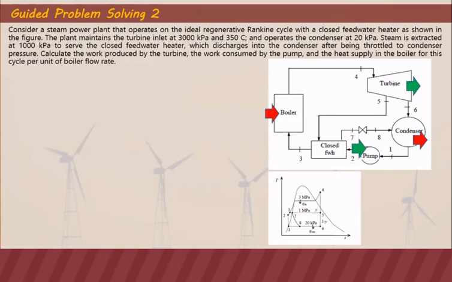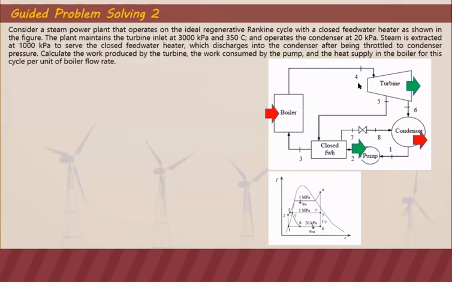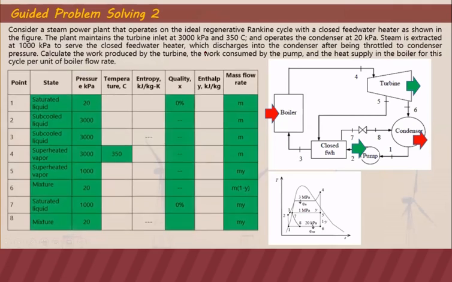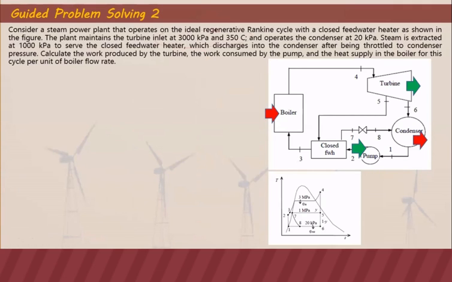As you can see here, this is our diagram for this problem. We are given a steam power plant that enters at point 4 at 3000 kilopascal and 350 degrees Celsius. So this is the pressure and temperature at point 4, and then it operates at a condenser pressure of 20 kilopascal. So that's why we have here 20 kilopascal at the condenser. The steam is extracted at 1000 kPa. So that's why we have here 1 megapascal to serve the closed feed water heater.